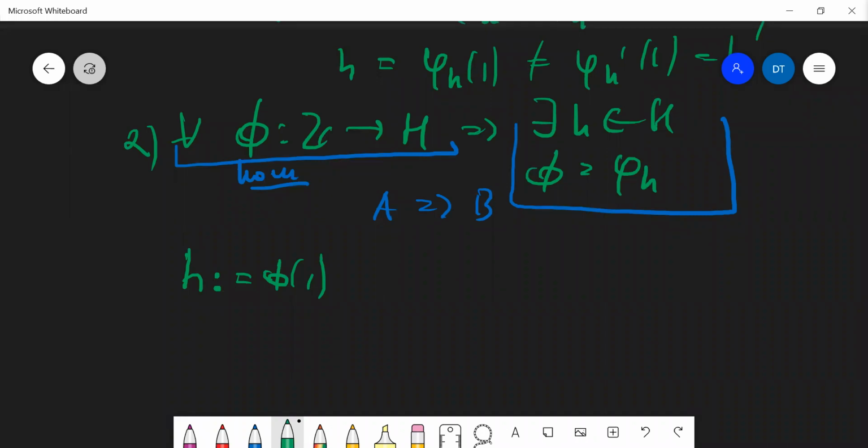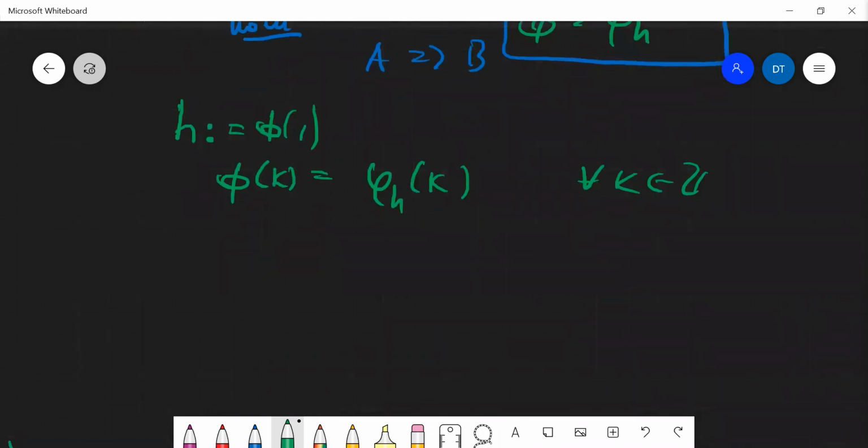So let's try. For this, we want to compare phi and phi h. How do you compare two maps? Two maps are the same if they coincide for all possible elements. So let's compute the left-hand side and the right-hand side and check that they are the same. By the definition, the right-hand side is just h to the k, which is phi of 1 to the power k.